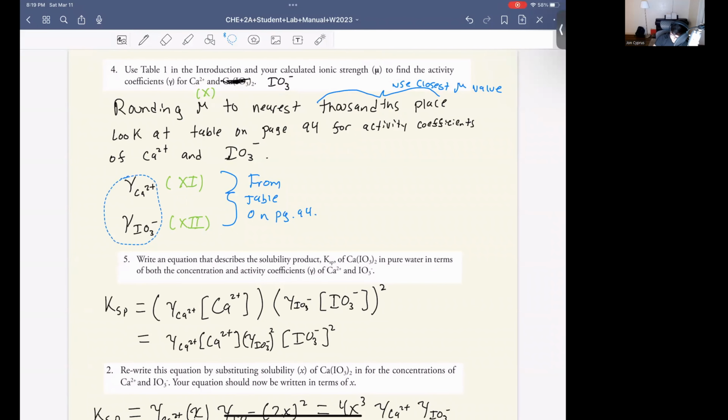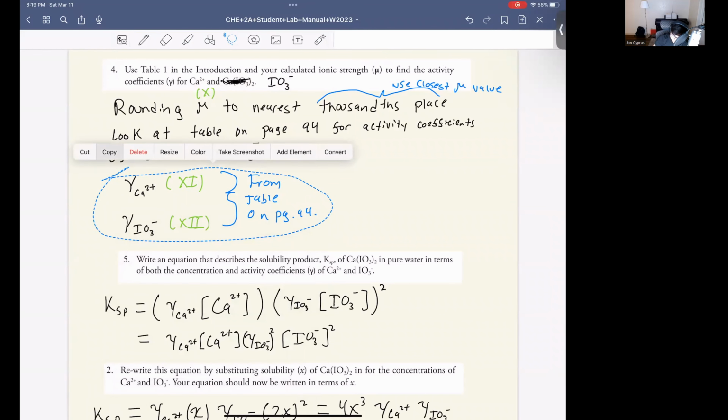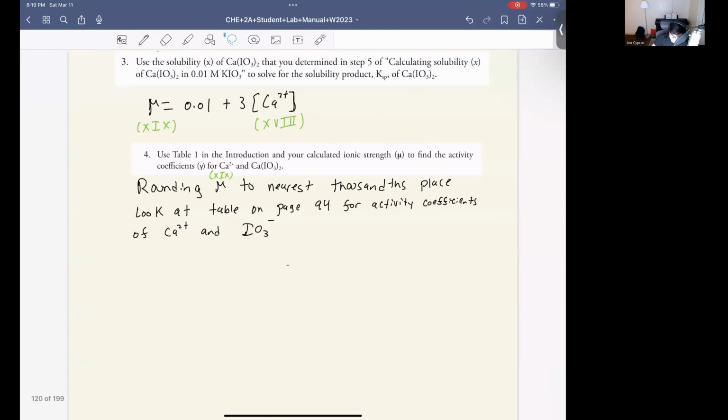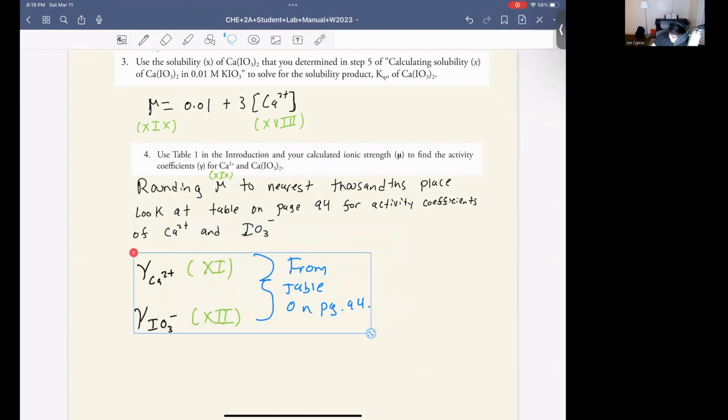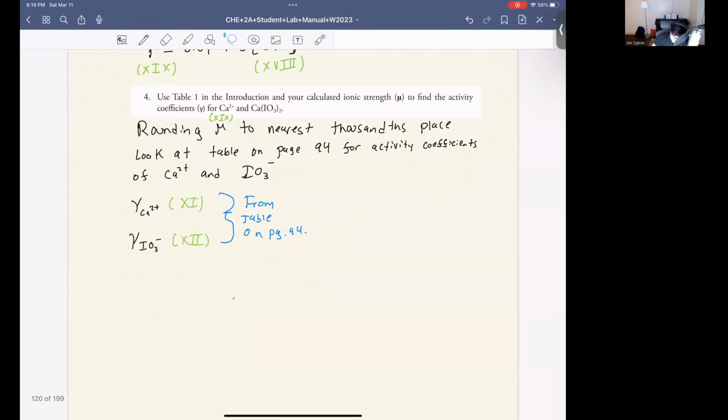It's going to be literally the same thing here. Copy and paste. Let me just go ahead and change these labels.